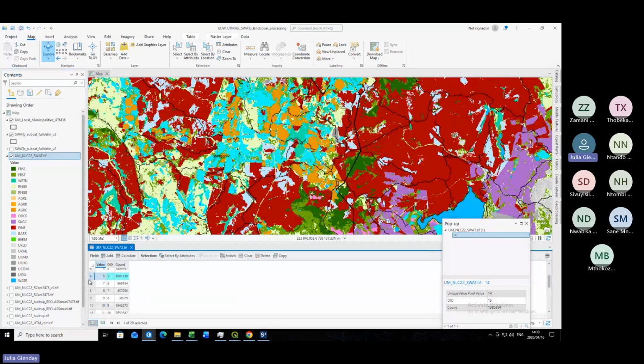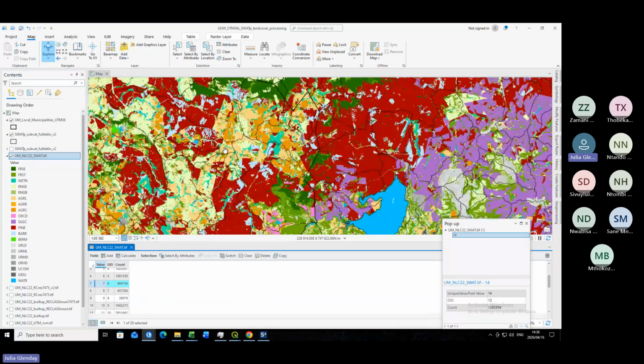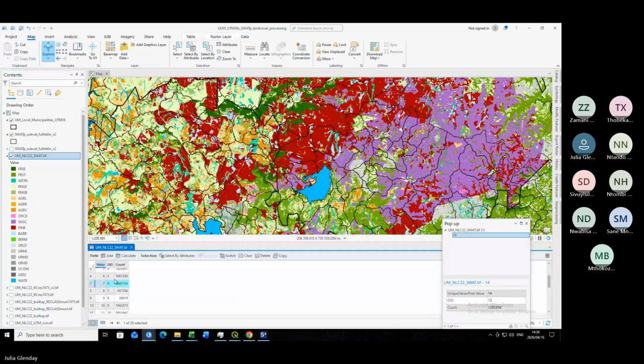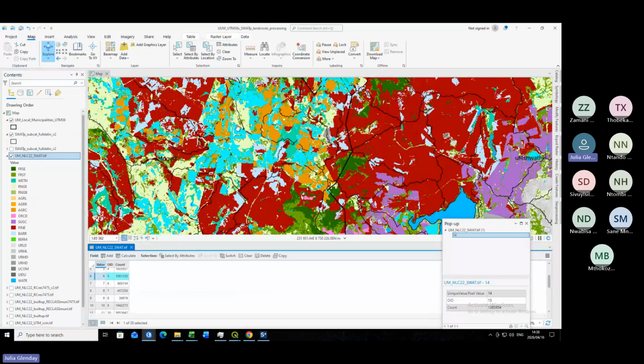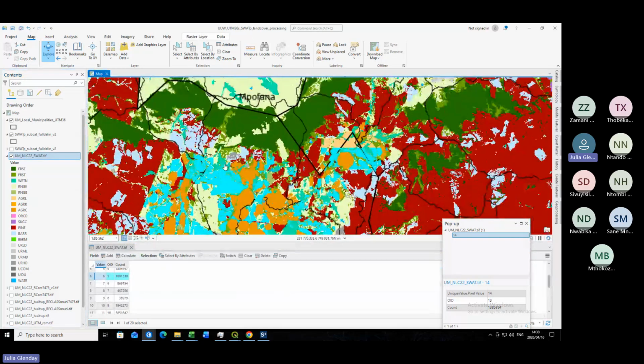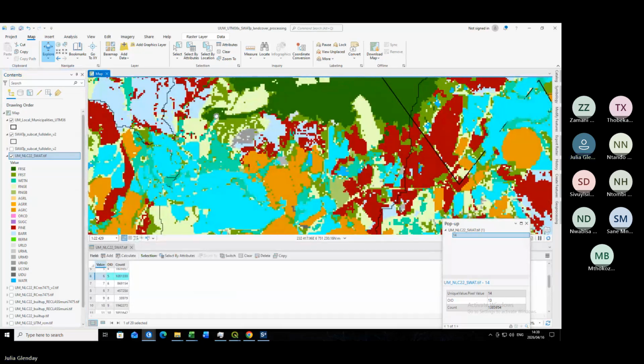Okay, so if I highlight class 6, there's less. Oh, sorry, this one. Yeah, okay. So it's turned this bright blue color. It's often like the land that's right near the center pivots.